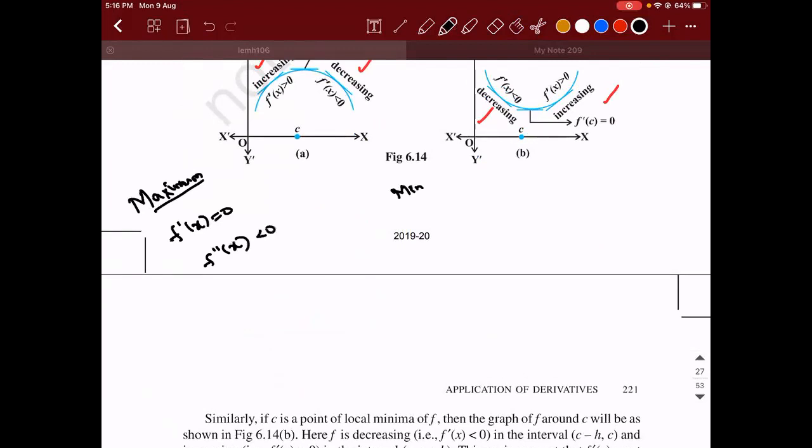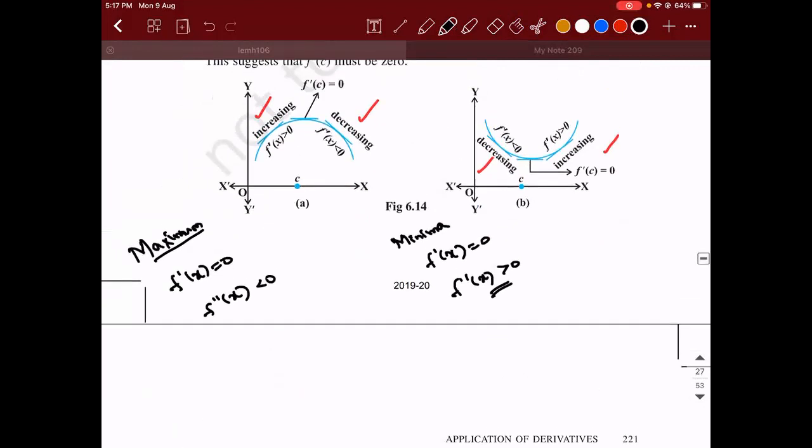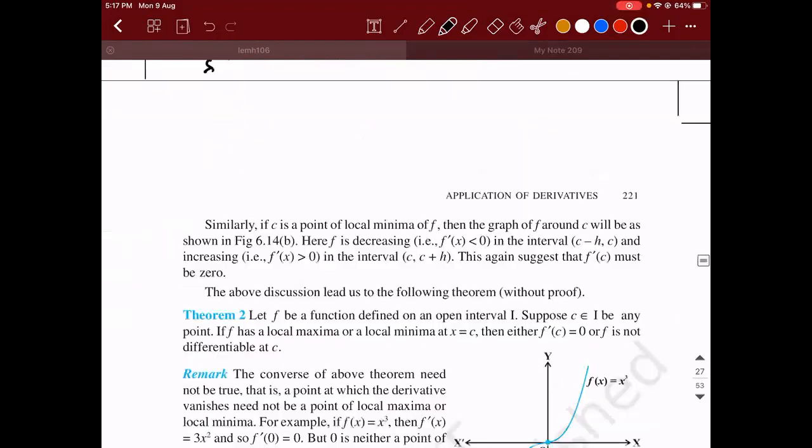What is the condition for minima? f dash of x should be equal to 0, and f double dash of x should be greater than 0. What is the reason for f dash of x being equal to 0? Because at the point of maximum or minimum, when you draw a tangent, those tangents will be parallel to the x-axis.